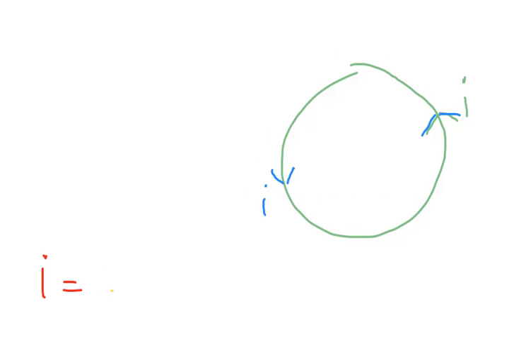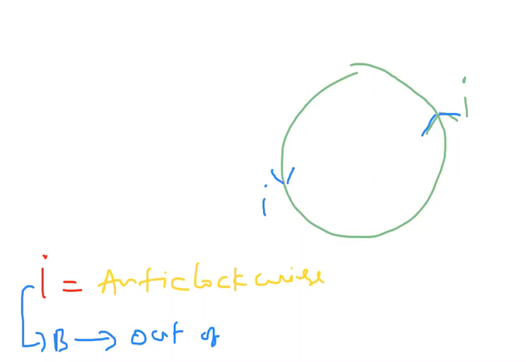Current flowing in anti-clockwise direction means simply the magnetic field is out of the page.